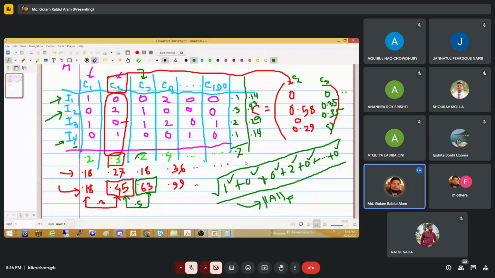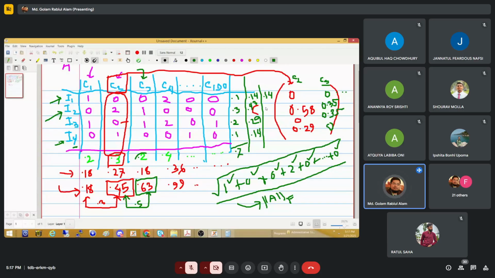So again what we have to do is find out our cumulative probability distributions. In that case, the first one will be the same, that means the first one will be 0.14, and then we have to add the next one, that is the running sum.